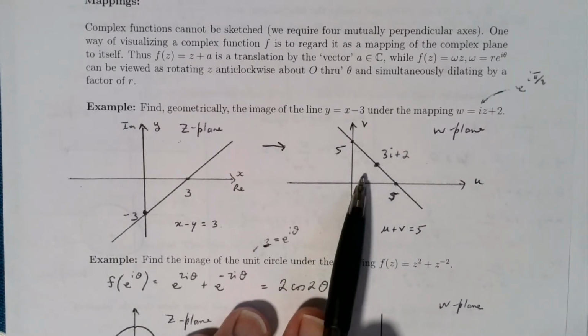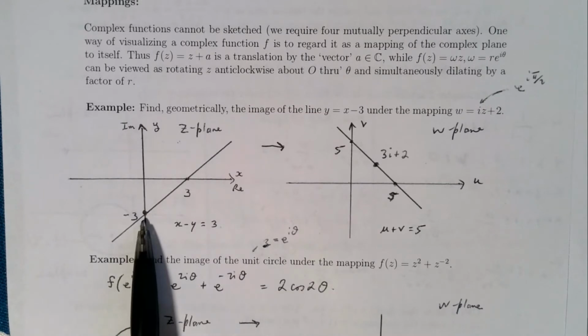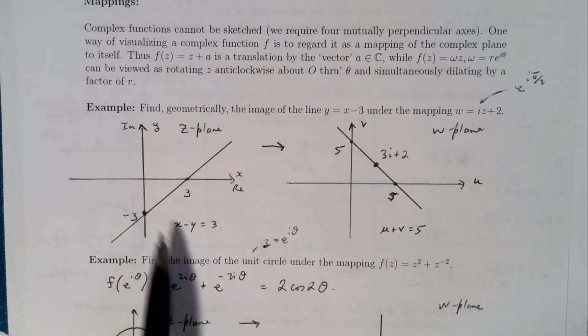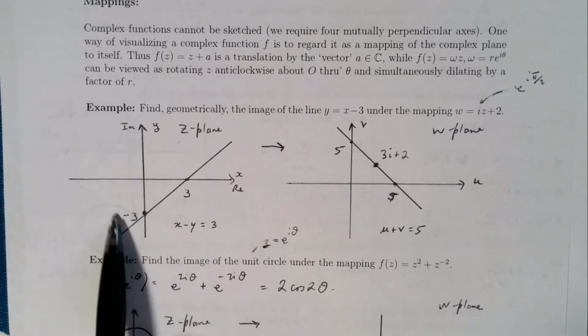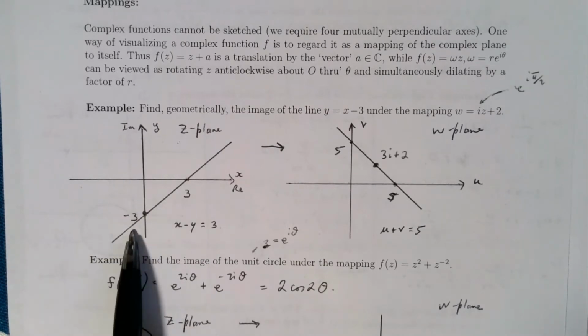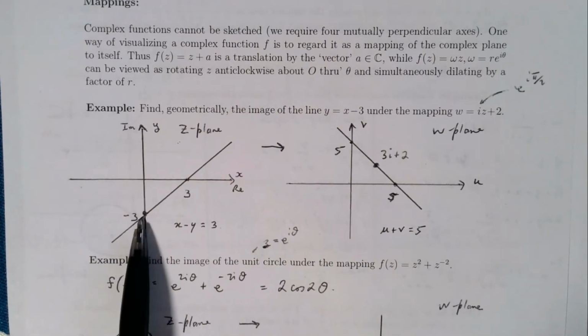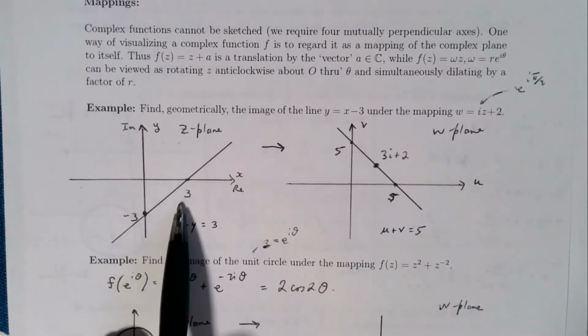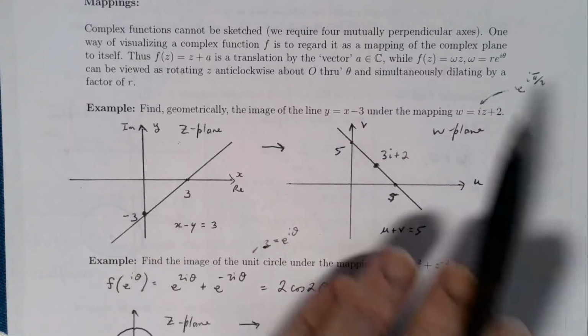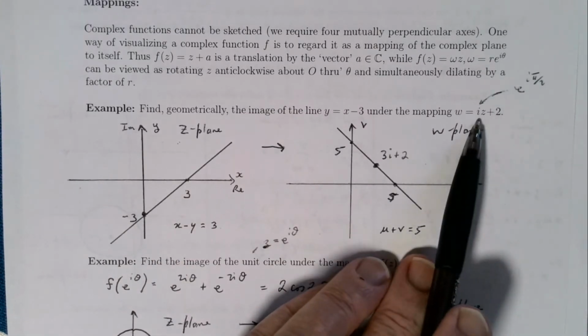So if I take, say, the number minus 3, when I multiply this by i, well, this is the point minus 3 on the real axis. So multiplying by i rotates this through 90 degrees up to here, because I can write i as e to the i pi on 2.